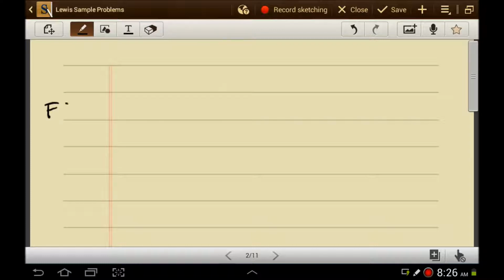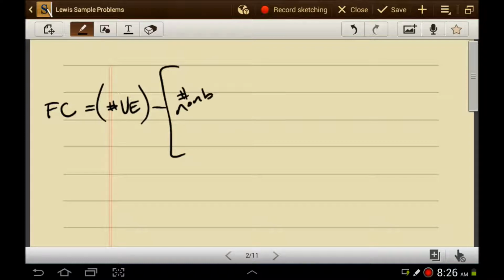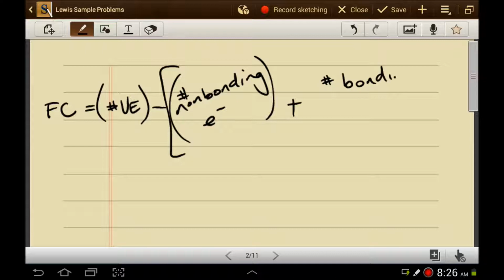To calculate the formal charge, we take the number of valence electrons for that atom and we subtract from that the number of non-bonding electrons on that atom plus the number of bonding electrons divided by 2.